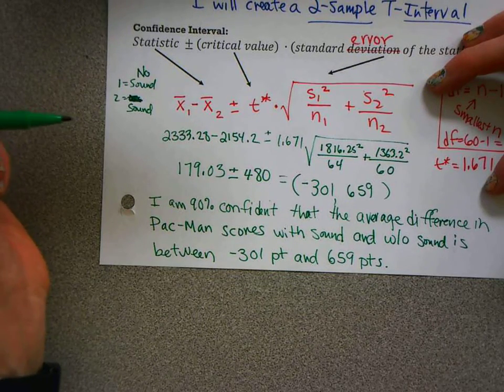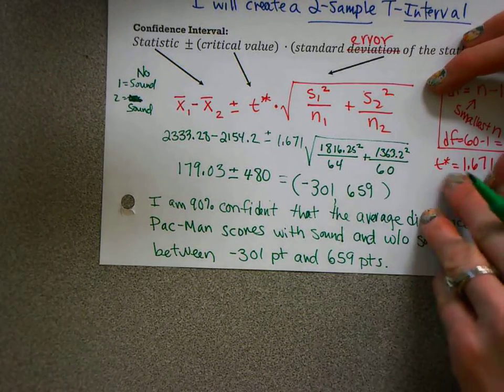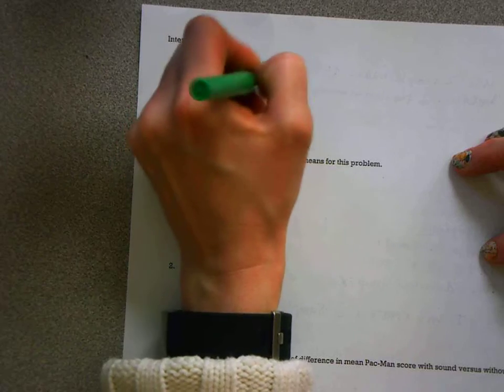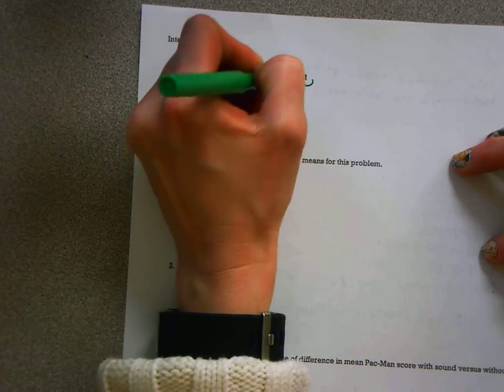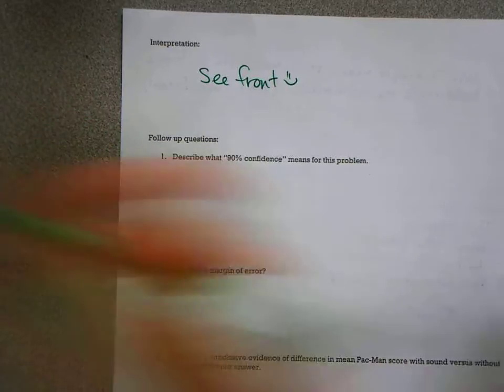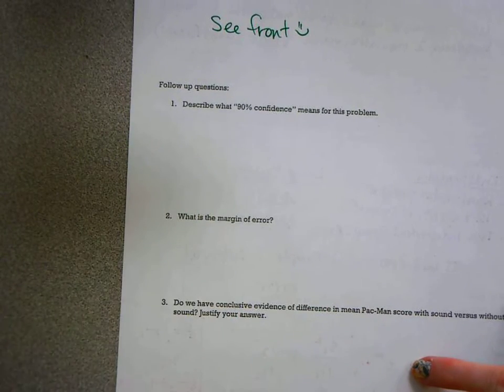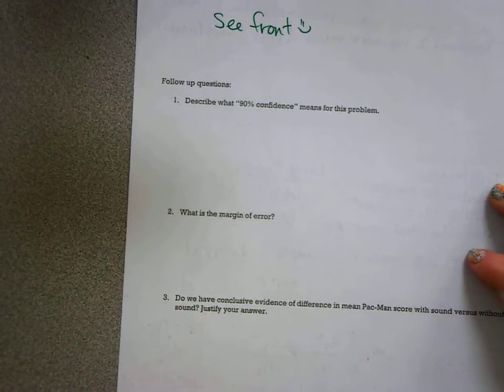All right, let's flip over to the back. Oh, oops, we already did this. C front. The interpretation of the interval is just, I am 90% confident. So we already did that. But what does 90% confidence mean? This is something that we've struggled with back in chapter 8, so let's practice.